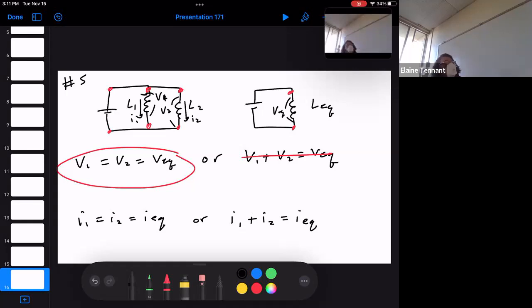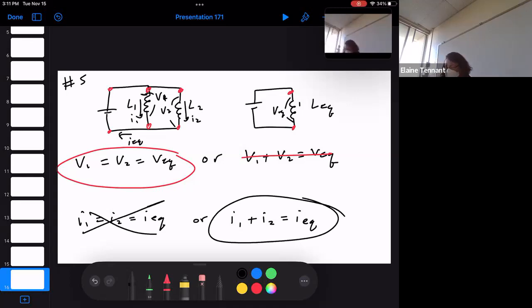So first off, you absolutely cannot say that these things are equal. There's a possibility that they might be equal, but unless L1 equals L2, I1 does not equal I2. And you would expect these things to add together to some overall current.